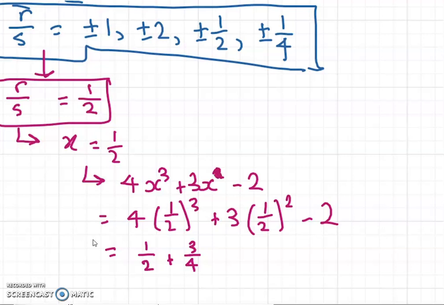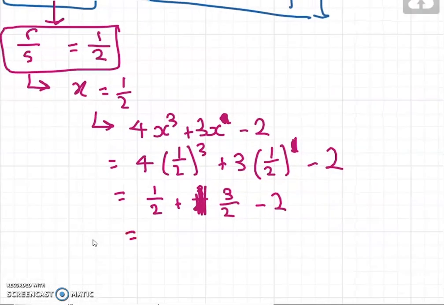Oh wait, I wrote x squared earlier, this should say just x. This equals 2 minus 2, which is equal to 0. This shows that x equals half is a rational root.